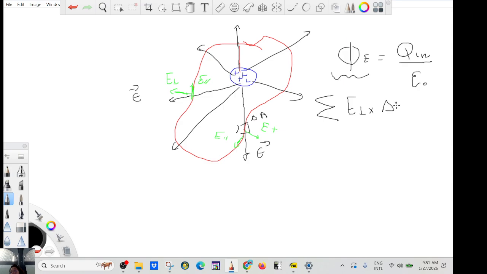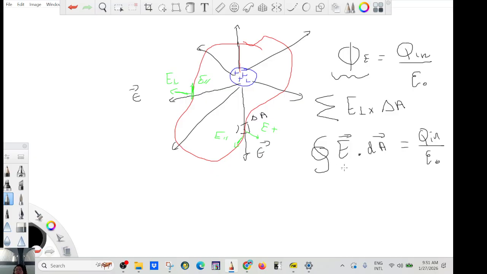And then it becomes a headache, because that perpendicular means it's going to be a dot product. I will show you a video, but you're going to get an equation like this. And that will be the definition of flux.